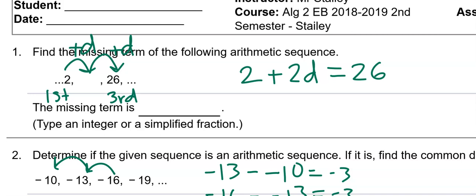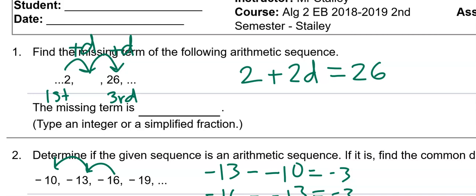Yeah, so start with 2, and what do you think D is? Tell me what that middle term is. Okay, so several of you are finding that your D value is 12, right? Do not write 12 on the line.